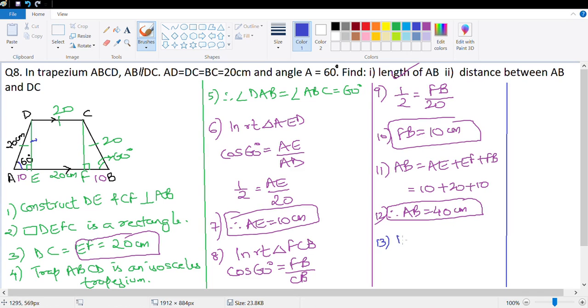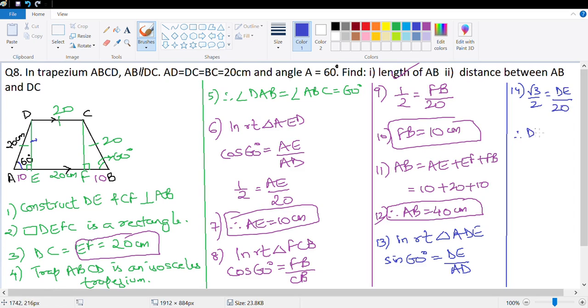So in right triangle ADE, I have sine 60 degree is equal to DE upon AD, which means sine 60 degree is equal to root 3 upon 2. Yes, that's root 3 upon 2 is equal to DE, which is what we need to calculate, and AD is 20.